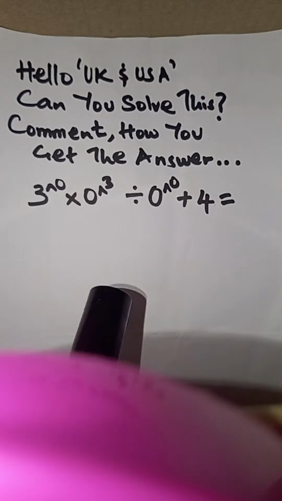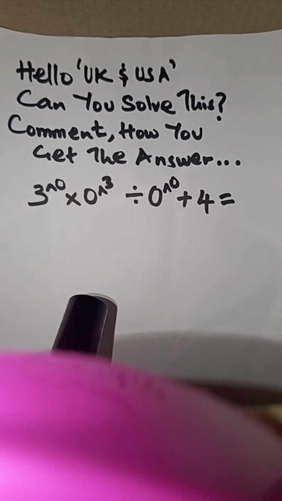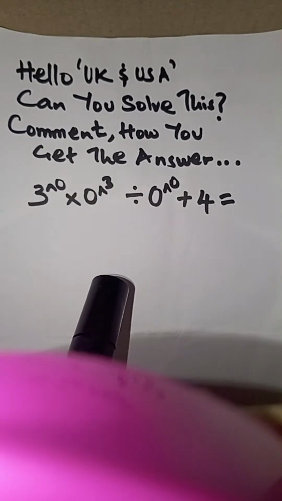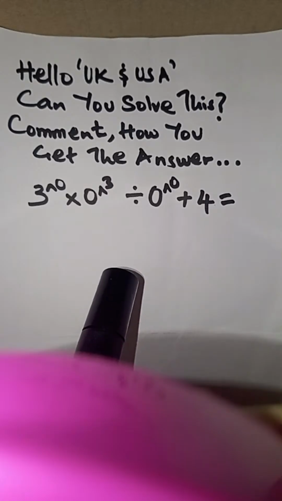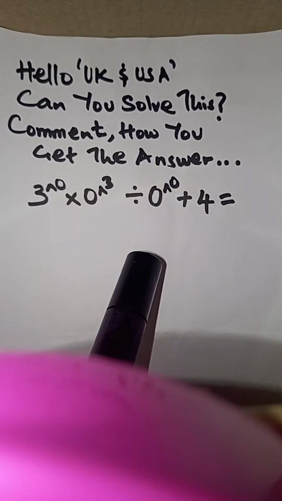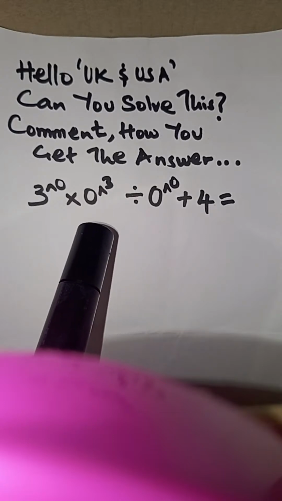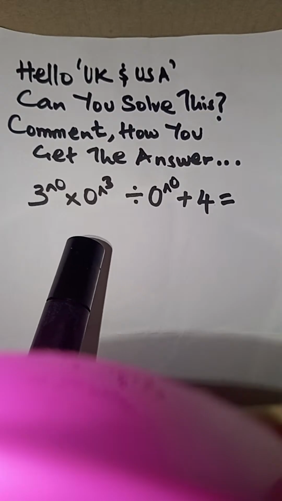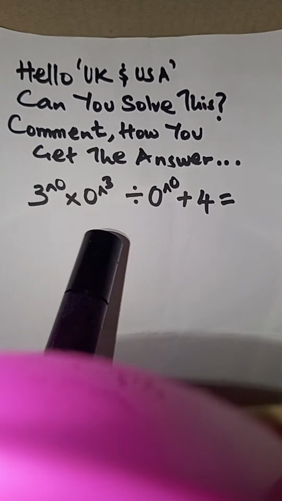Leo Daniels was saying the answer could be 0. So with you who is watching, what can be the answer for 3 to the power 0?